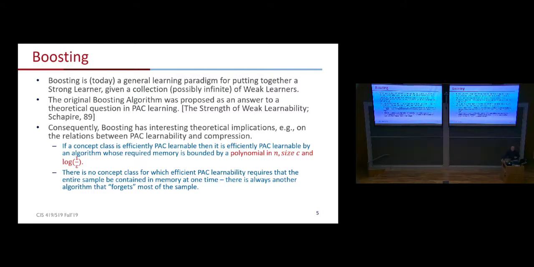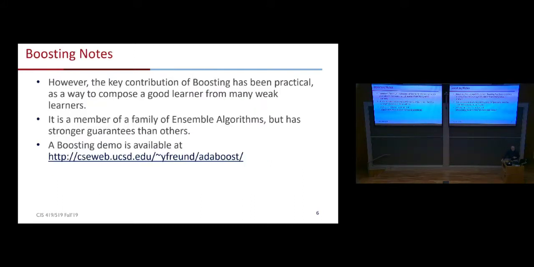But beyond the theory, it actually had a really huge practical impact. Today, people think about it as one member in a family of ensemble algorithms, and we're going to talk about a few other ensemble algorithms, but this one has stronger guarantees than others.